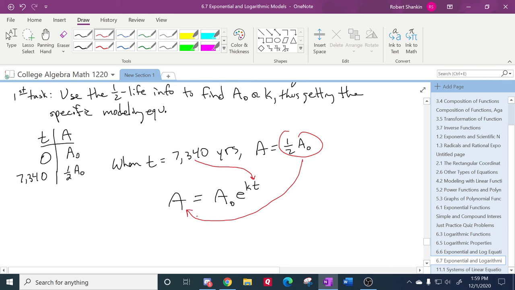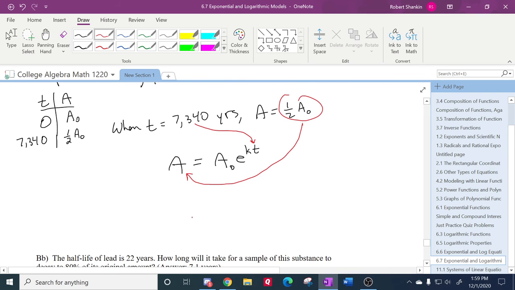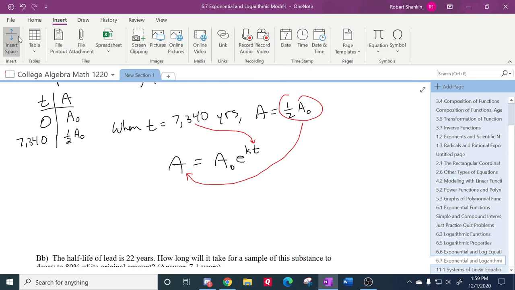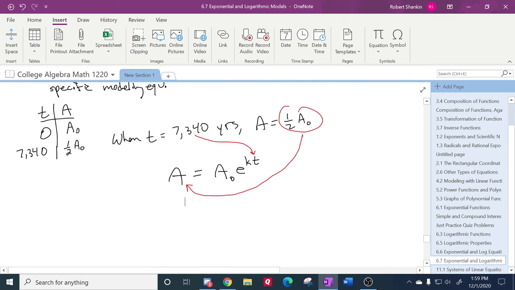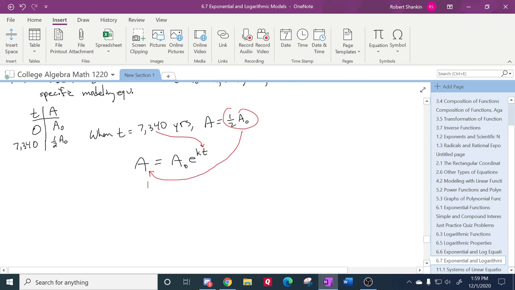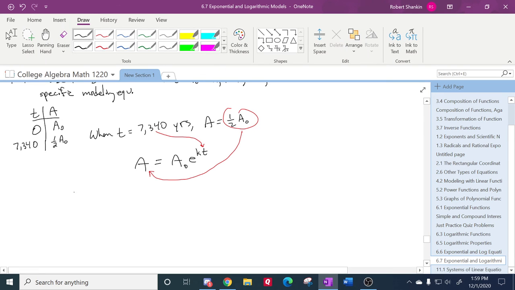Goes in for the A. And what I get is 1/2 a0 is equal to a0 e to the k times 7,340.